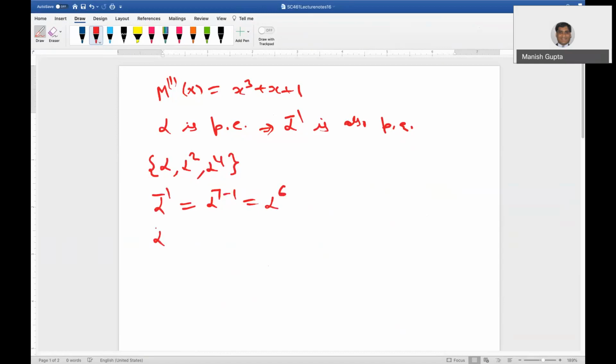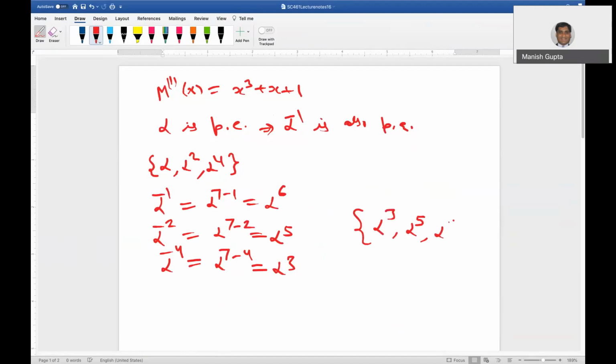Alpha minus 2 will be alpha raised to power 7 minus 2, which is alpha raised to power 5, and alpha raised to minus 4 is nothing but alpha raised to 7 minus 4, which is alpha cube. So we get the second set, which is alpha raised to 3, alpha raised to 5, alpha raised to 6.